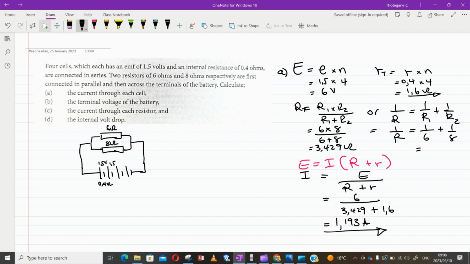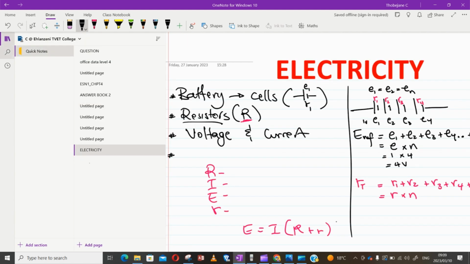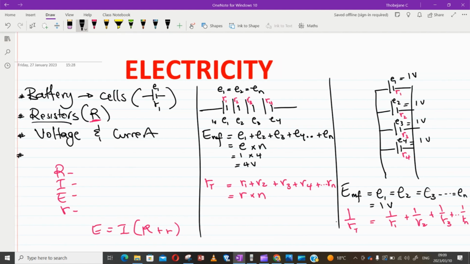Perhaps we did not talk about this, but let me try and elaborate on that one. When we talk about a terminal voltage, let me raise this one so that we can have adequate space. We have 3 types of voltages that you need to understand. The first one is the EMF. EMF means electromotive force.